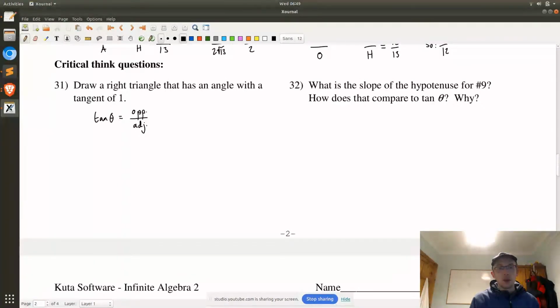So, what would it mean for the tangent of theta to be 1? That would mean that the opposite and adjacent have equal length. So, any right triangle will do, as long as the opposite and adjacent have equal length. So I don't know what this tool here does.